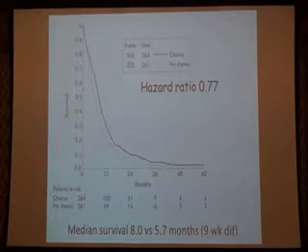Then you will need to discuss with the patient if he wants to take on the cost and the side effects of this chemo, where the expectation for him is that, wherever he was supposed to die along this curve, taking chemo, on average, he will survive 9 weeks more. That's what the hazard ratio indicates.